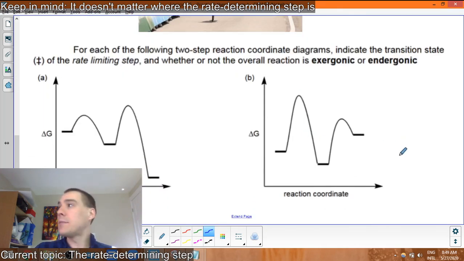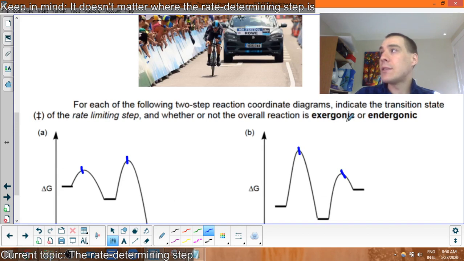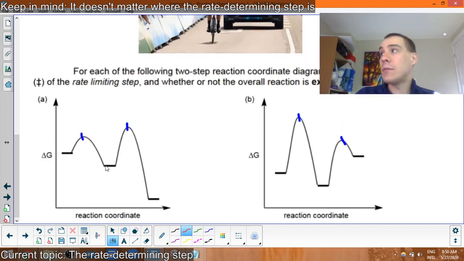And here's a little practice problem about that. Indicate the transition state of the rate determining step. Remember the transition states happen here, here, here, and here. This one is also asking us whether the overall reaction is exergonic or endergonic. Remember that just means whether delta H is negative or positive for the overall reaction.